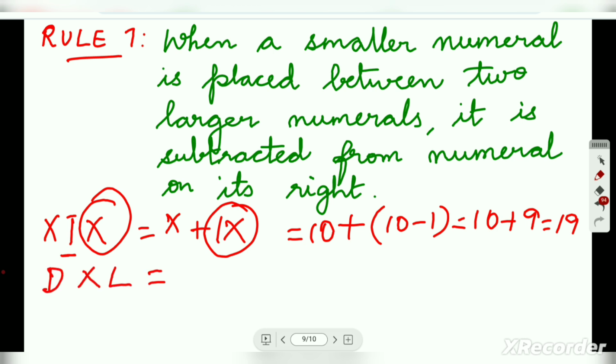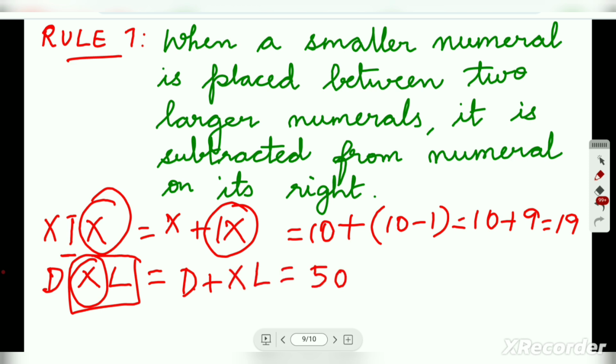DXL. So this is a smaller numeral. It is placed between two bigger numerals. Then what will happen? These two will become a set. D is 500 plus XL. Because the smaller numeral is placed before the larger numeral, you have to do subtraction.